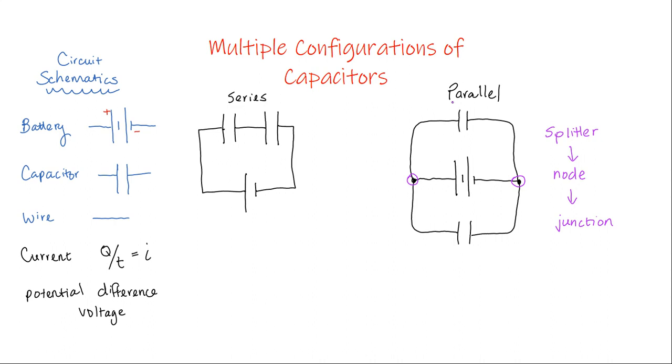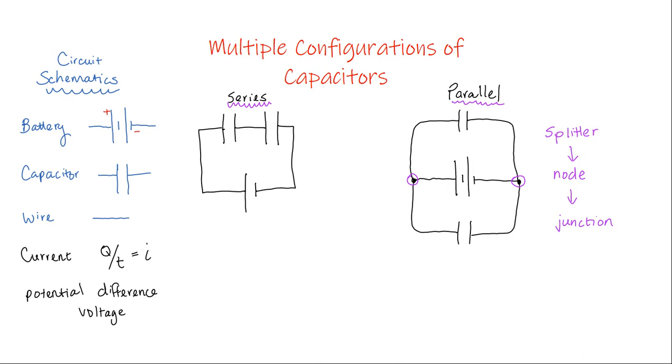So a parallel circuit is one in which a node exists between two circuit elements, or we would rather say that these two circuit elements are connected in parallel with one another. So it's all about the presence of the node. Now we would say that two circuit elements are connected in series with one another if, when I trace the path from one circuit element to the next, there is no node between the circuit elements.